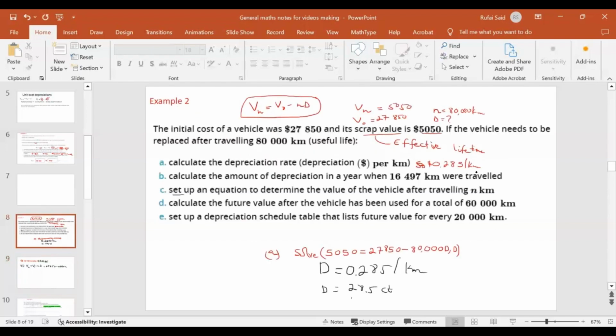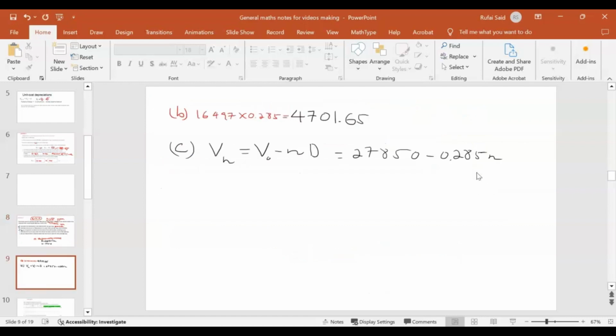All right, and the next part of the question, so we have done A, B and C. The next part asks us for the future value after it has covered 60,000 kilometers. What will be the future value of the car after it has covered that much? All we have to do is substitute that back in here.